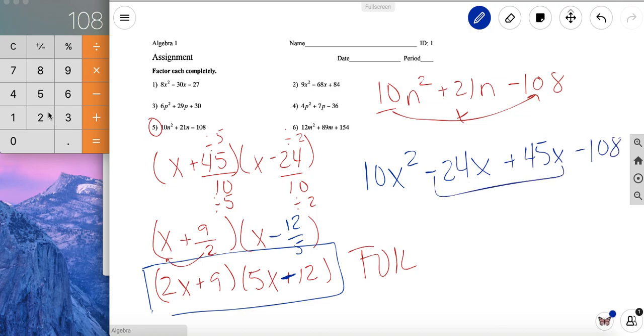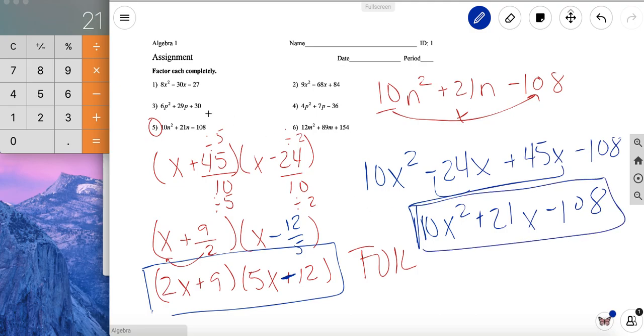Combine my middles. Negative 24 plus 45 gets me 21. And that is what I had here. So I know this has to be my answer with the negative.